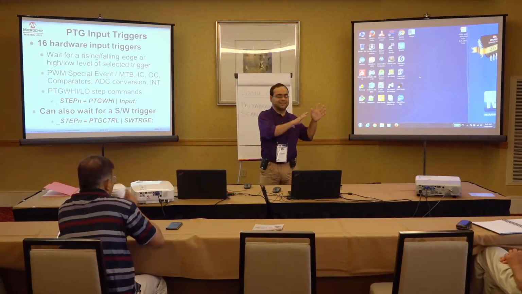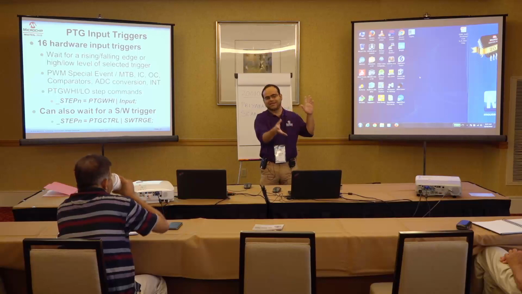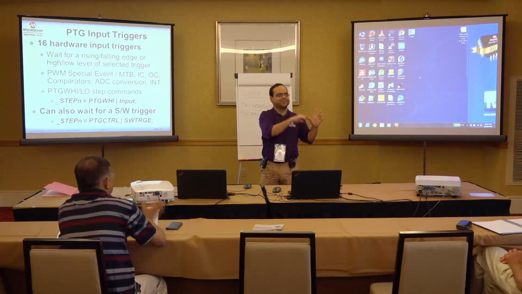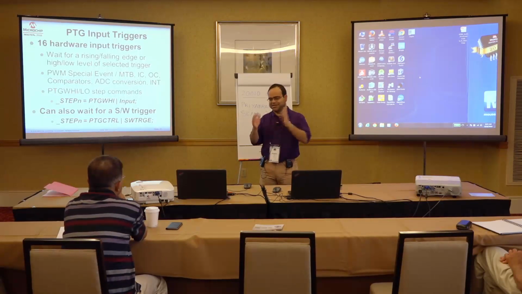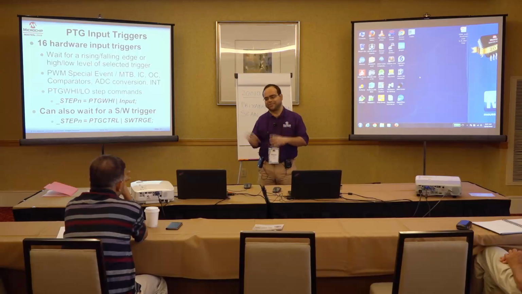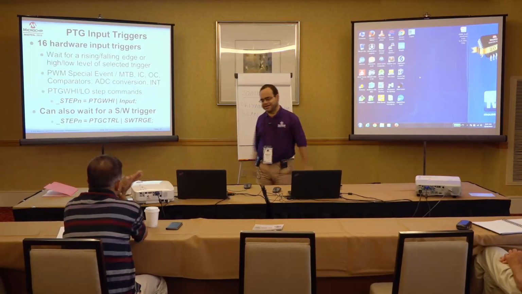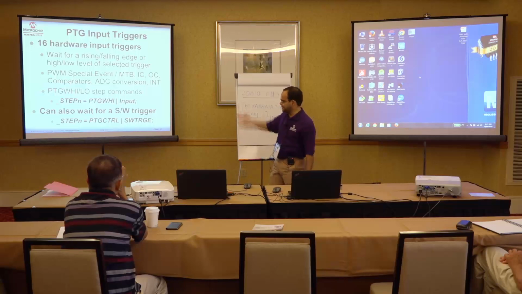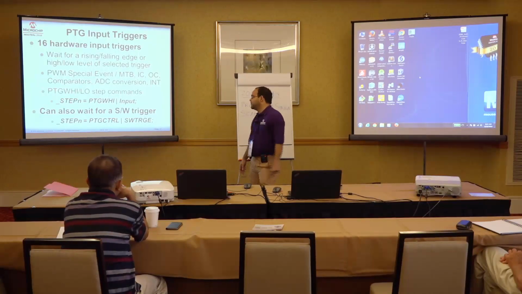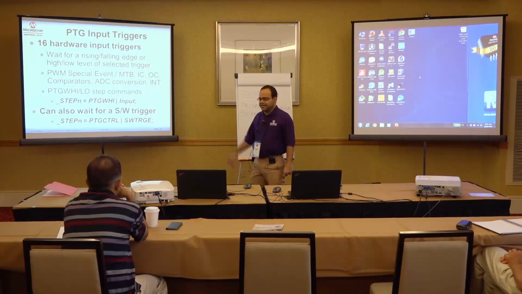So that the CPU is not held up in polling for that ADC conversion result and does not even have to be interrupted in this case. As soon as the ADC conversion result is ready, the PTG can take some further actions, and external interrupt as well. So, what does this command look like? You basically populate the step registers with this particular constant value, along with parameters that specify which exact peripheral event you are waiting for.